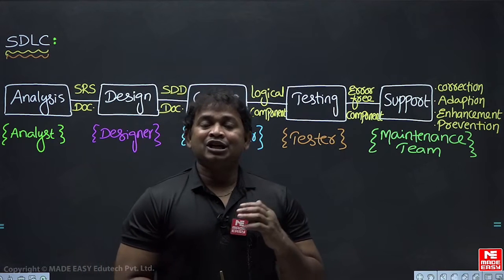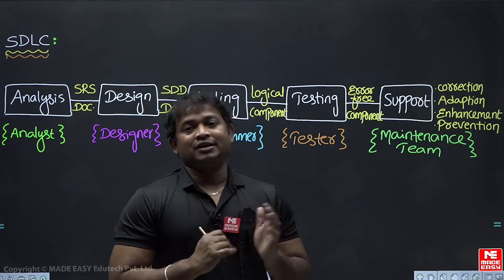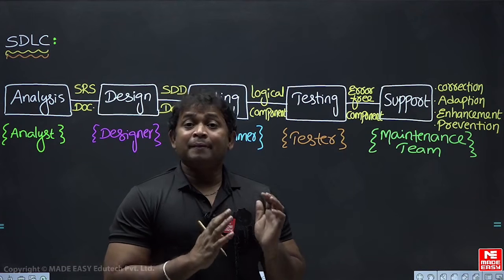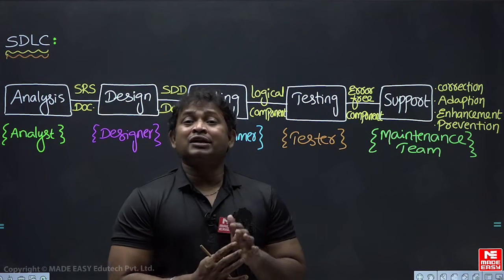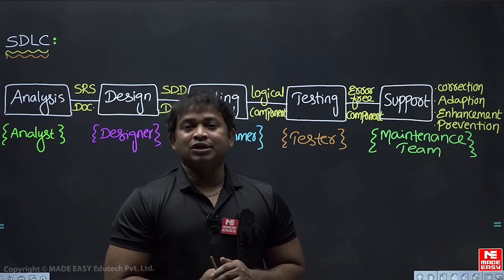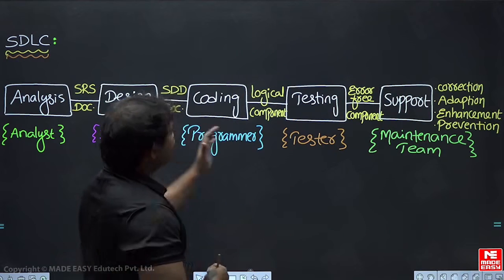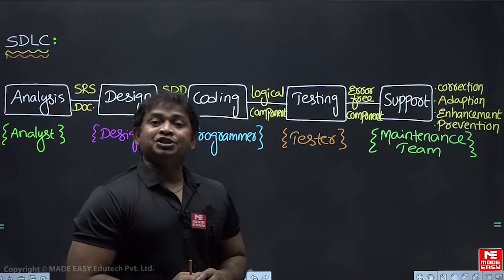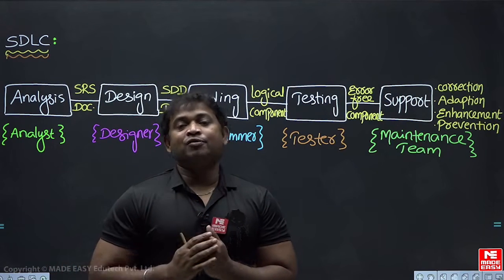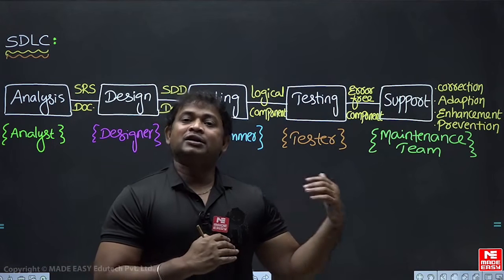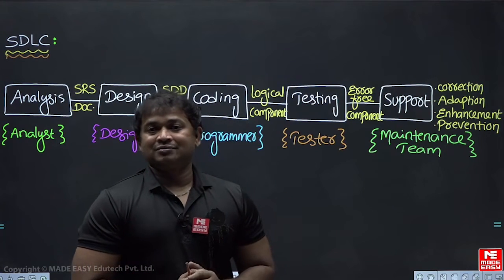So to maintain the software from various side effects, support is required. Correct? When the product is in the support stage, the developer is not involved. The developer is involved only in the development stage. When the product is in the development stage, developer involvement is present. When the product is in the market, maintenance team involvement is present.